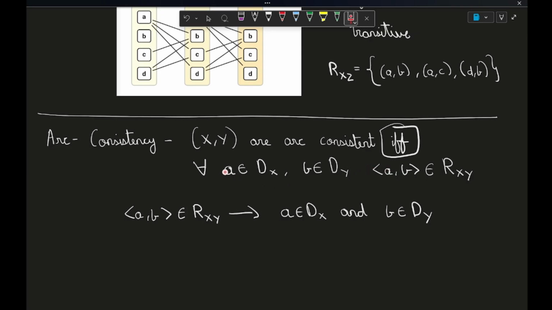Given that I have picked A from the domain of X and B from the domain of Y, this tuple that I am creating should satisfy the relationship between these two variables X and Y. Does that make sense? I think once we go through the examples, you'll understand better, maybe.